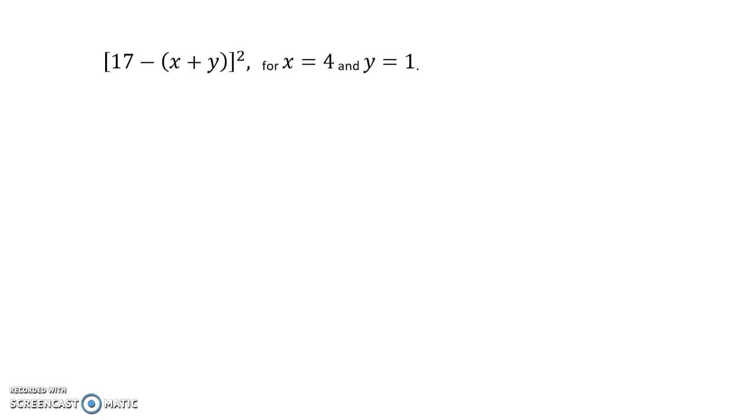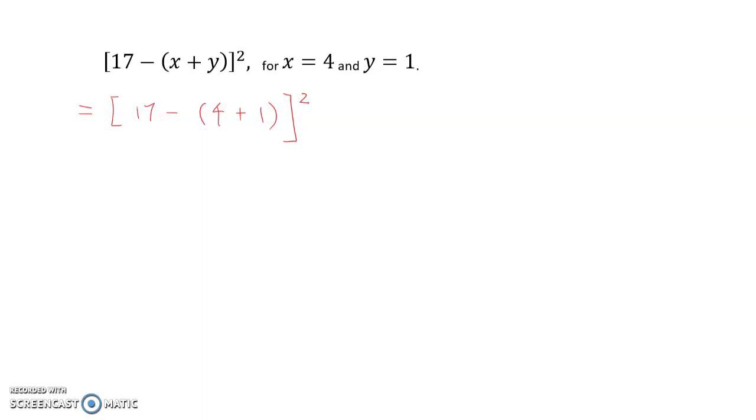Replace x with 4, y with 1, and we don't change anything else. So you have the bracket, 17 minus, parentheses 4 plus 1, and then bracket squared.